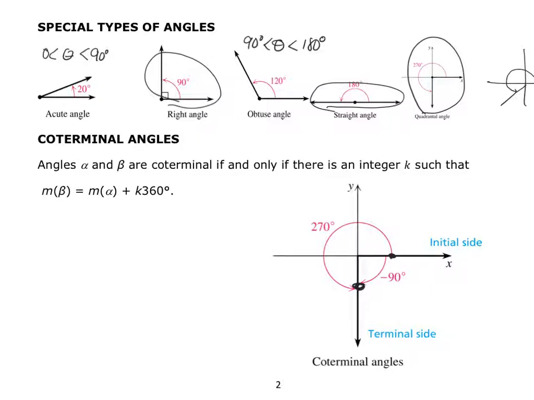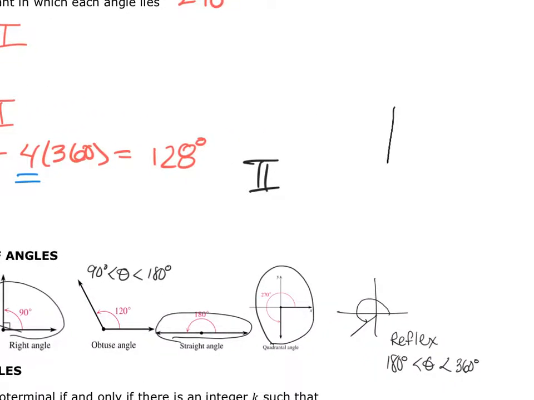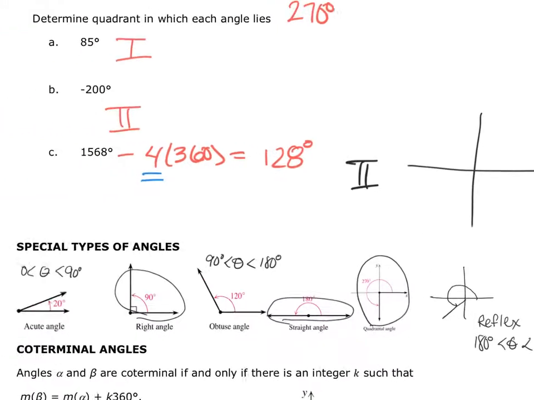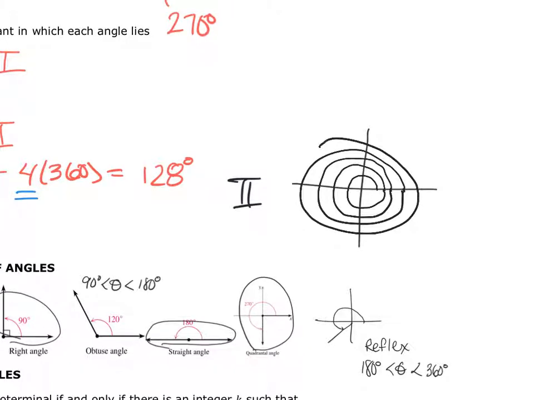Yes? Can you go around multiple times? Absolutely. Let's actually draw the picture for this one right here. So we go back up to our example, which was the 1568. Starting here, I'm going to go 1 rotation, 2 rotations, 3 rotations, 4 rotations, and then I finally get to end at 1568.